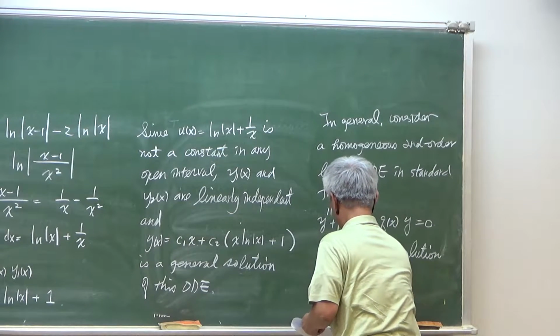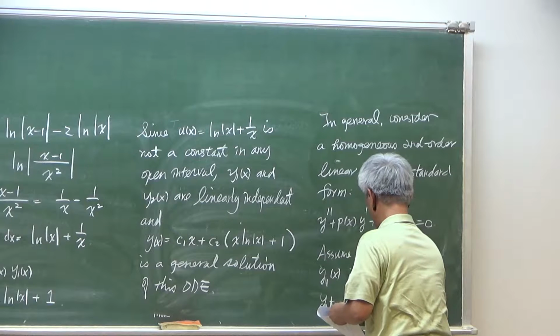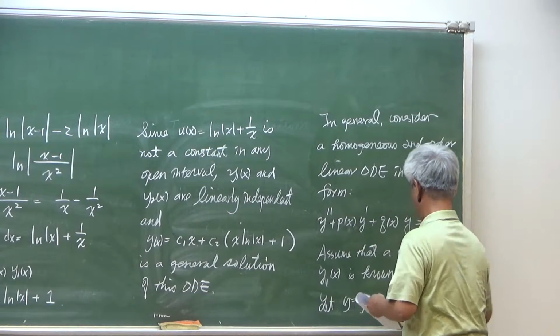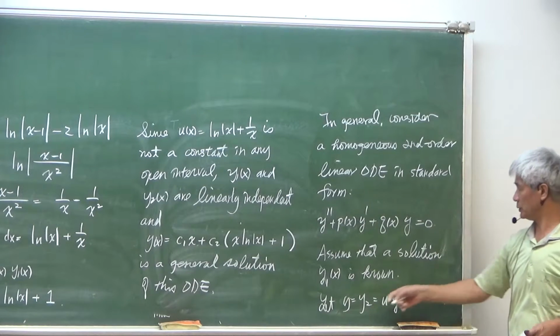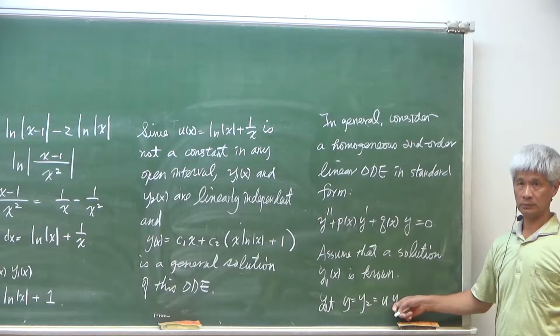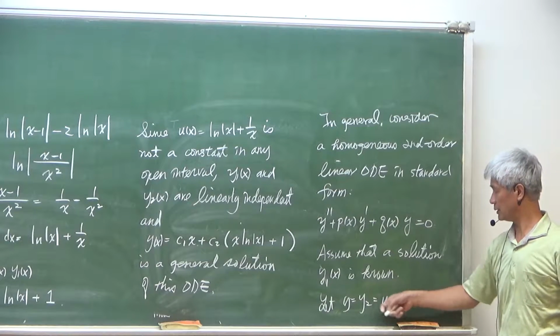So we want to find the second solution. Okay, so we want to find y2, which is equal to u times y1, and try to find the function u.